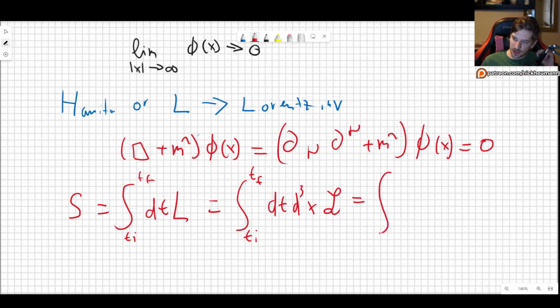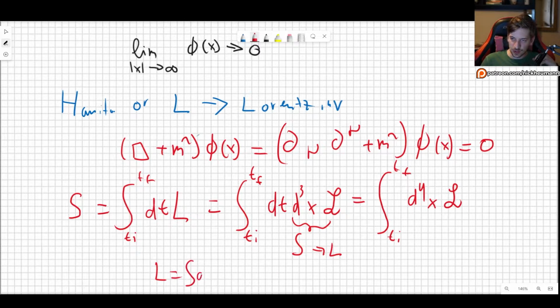So we will simply write this as the integral from ti to tf of d4x L. And the integral over all of space d3x of the Lagrangian density gives L. So that is what the action is.